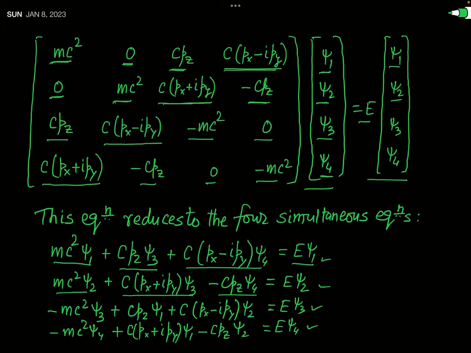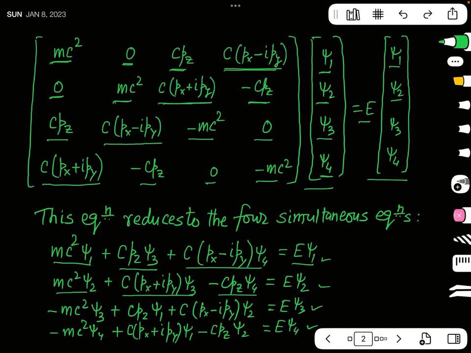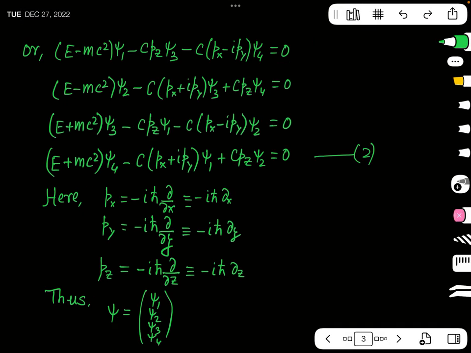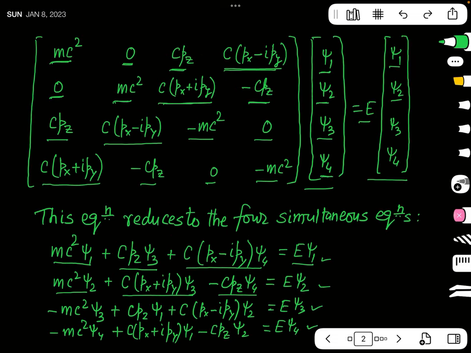Now these 4 simultaneous equations can be written in more convenient form by simply taking the terms in the LHS into the RHS. So when you bring the terms in the LHS into the RHS, all the terms will change in sign.